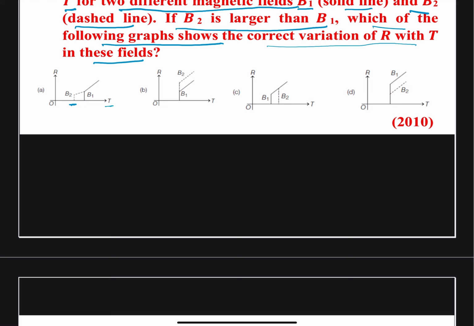Okay, so B2, which is represented dashed, so at least B and D are straight away incorrect options.